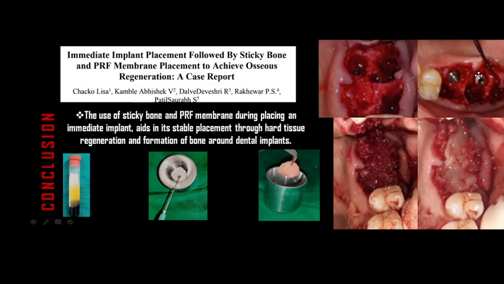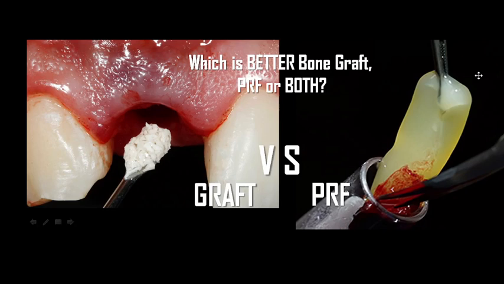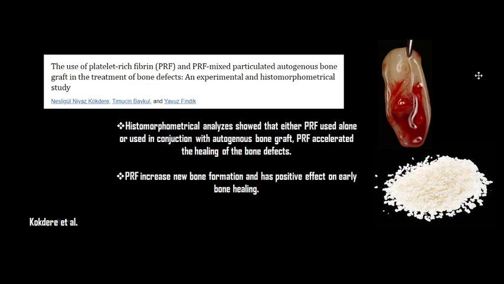First, we can place the implant, then we can place the sticky bone around it, and then we can place the membrane above it. Which is better now, PRF or both? I can say that mixing PRF and bone graft is the ideal choice.